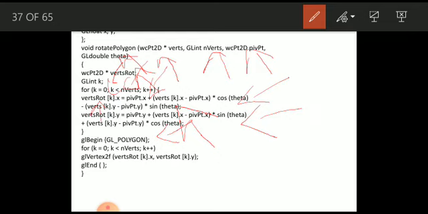And using a for loop, we could mention all the changed values of the points that represent the rotated vertex values. This way, we can rotate a polygon with respect to the reference point, or in this case, we call it the pivot point.